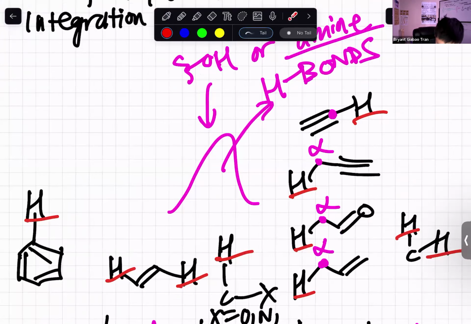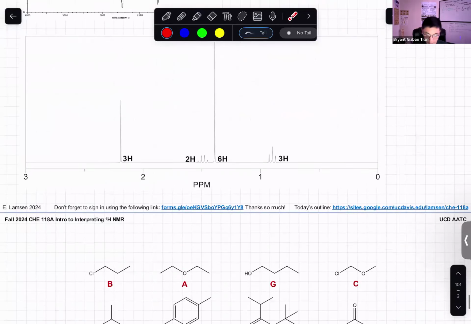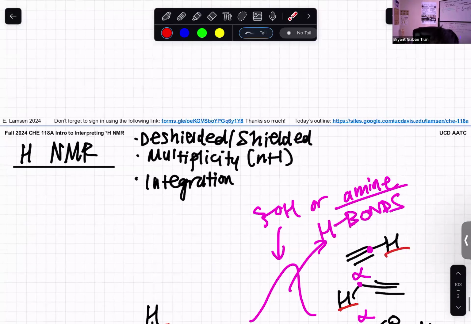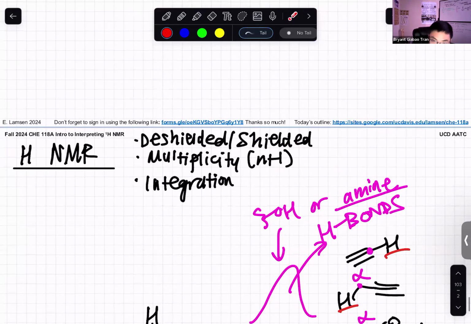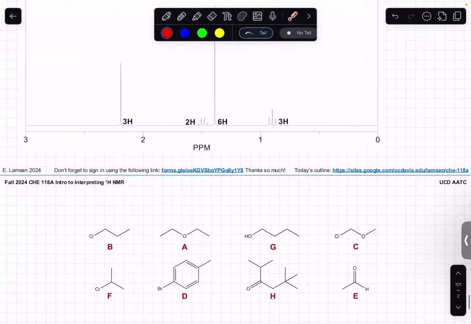Okay. So that's what I look out for. Let's do one problem to make it more clear, and I'm going to explain multiplicity and integration as I work through that problem, and then we can practice more tomorrow, office hours. Okay.